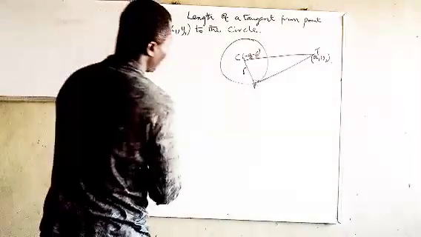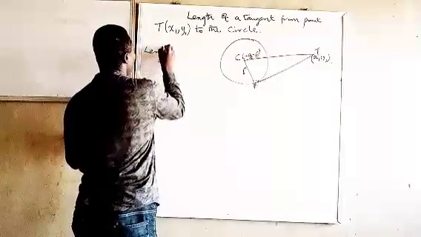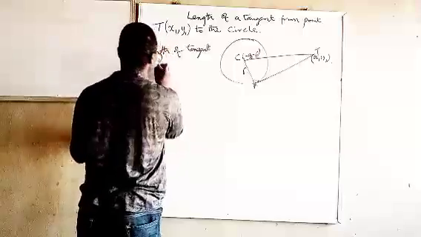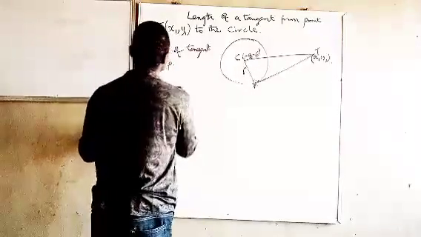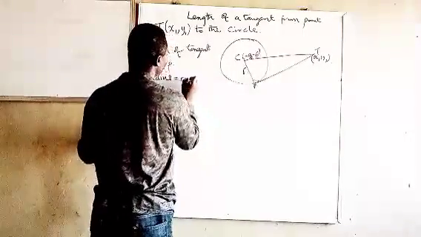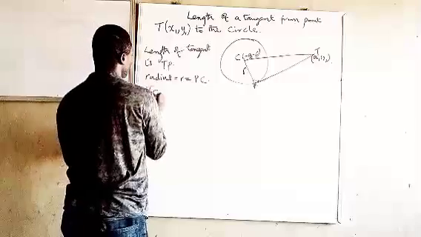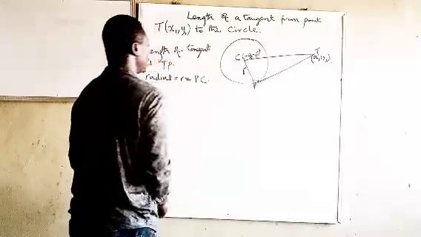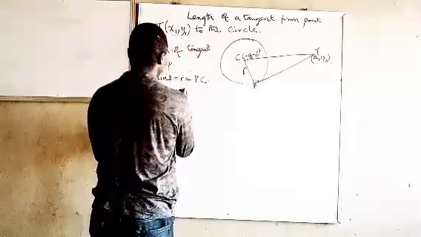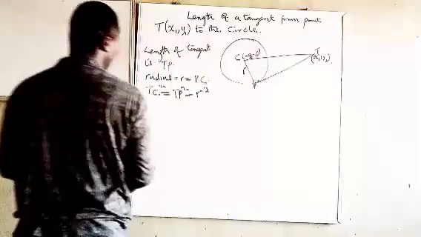From our knowledge of distance, the length of tangent is TP. We have the radius R, PC, and we have another length, TC, and using Pythagoras theorem, TC squared will be equal to TP squared plus R squared, so TP squared is TC squared minus R squared.